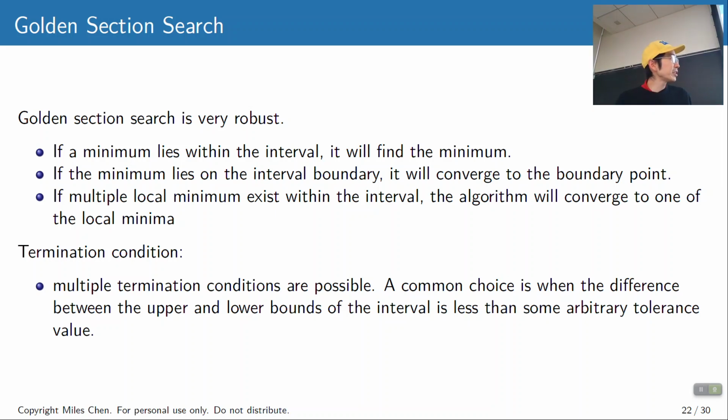As far as termination conditions go, you often just pick some arbitrary tolerance, and you say when the difference between the upper bound and the lower bound is smaller than some quantity, we'll go ahead and stop, right? So, keeping in mind the limits of floating point numbers, if we're dealing on the scale of 0 to 10 or something, we're going to say, okay, if the difference is less than 10 to the minus 6, then we'll go ahead and stop.